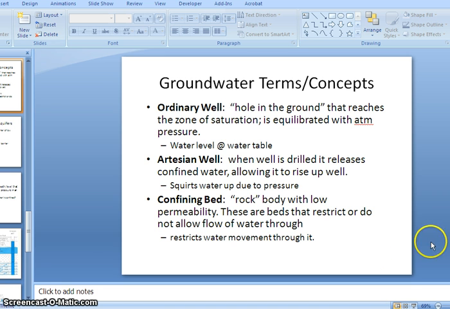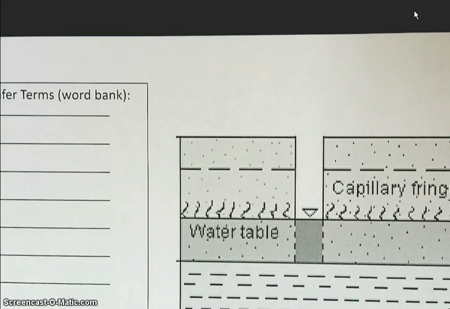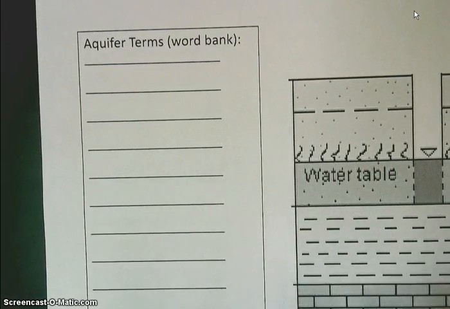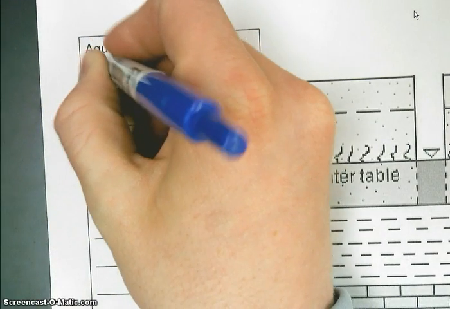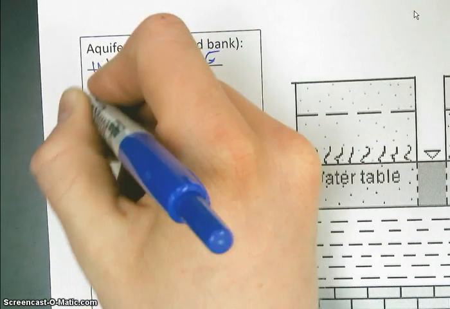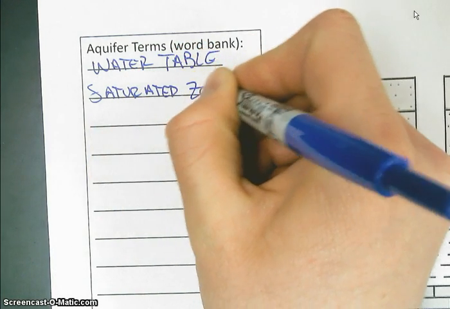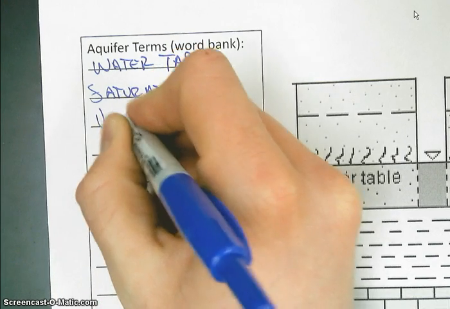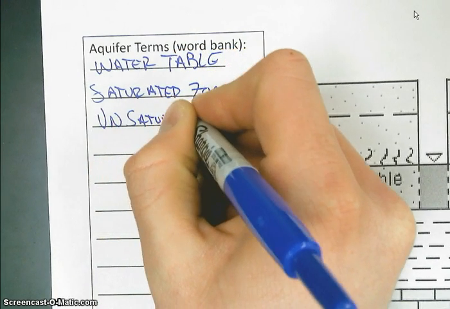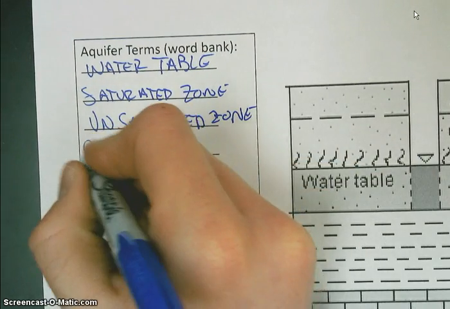Now, I'm going to go ahead and exit out of that for a second because I want to show you guys what this would actually look like. The terms that we talked about were the water table, the saturated zone, the unsaturated zone, and the capillary fringe.